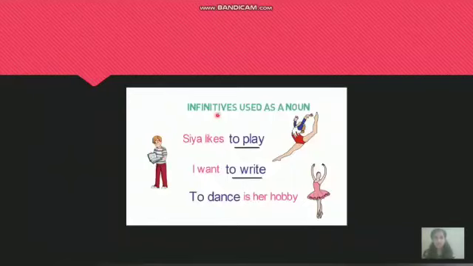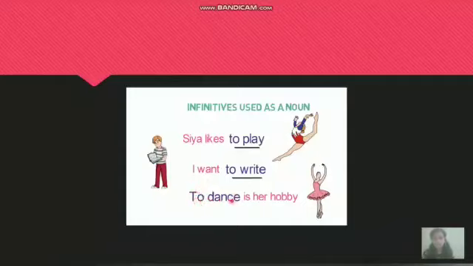Now the infinitives, I told you, act as a noun. Look at this example. Saya likes to play. So here to play is the infinitive. I want to write. To write is again an infinitive. To dance is her hobby. So here to dance is again an infinitive. So if you have a verb accompanied with a to in front of it, it functions as a noun and is called an infinitive.